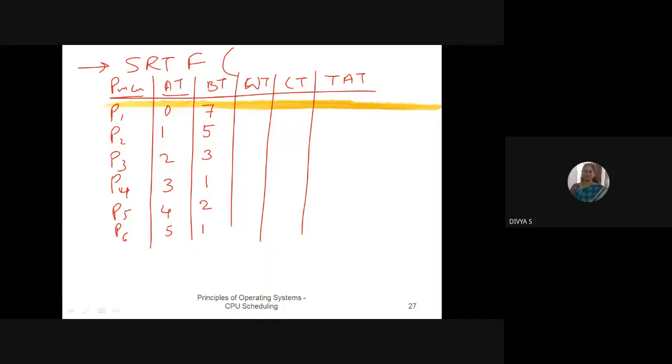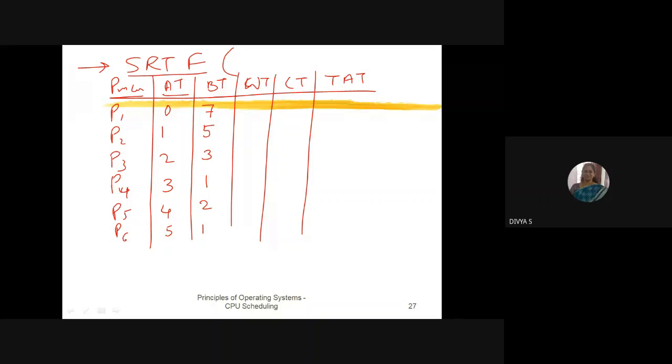Or else, sometimes the question will mention the abbreviated word SRTF. It means by default you have to solve the given problem by applying the preemptive approach. This is very, very important. Please listen carefully. If you understand this problem, then it is easy for you to understand the remaining algorithms as well. Okay, now let's start.